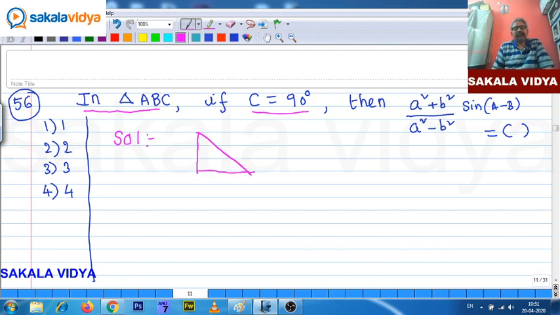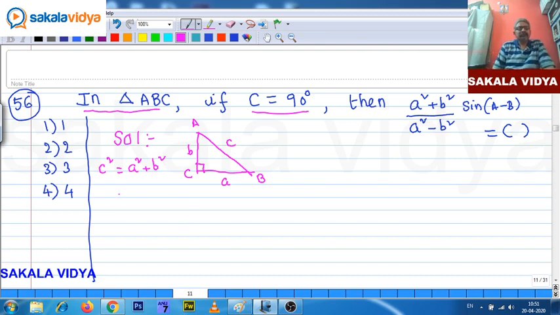So this is a rough figure. C, say A, this is B. This will be small c, small a, small b. Using Pythagoras theorem, we know that c square is equal to a square plus b square. Am I correct now? We can write? Right, thank you.